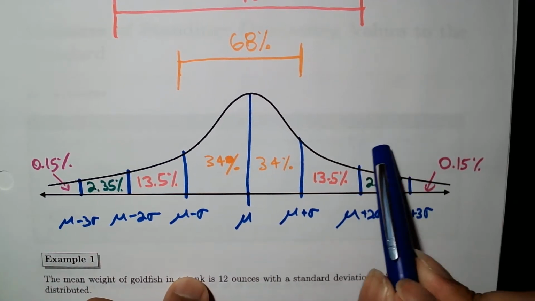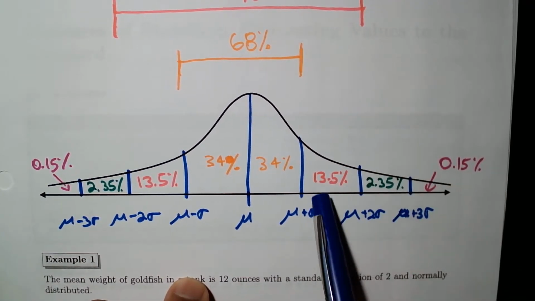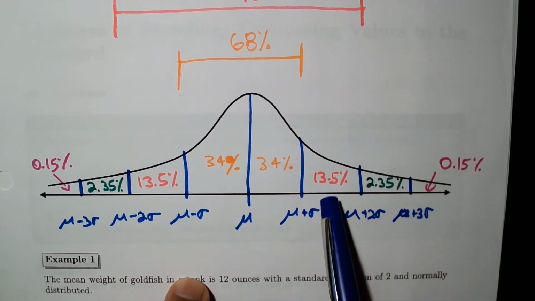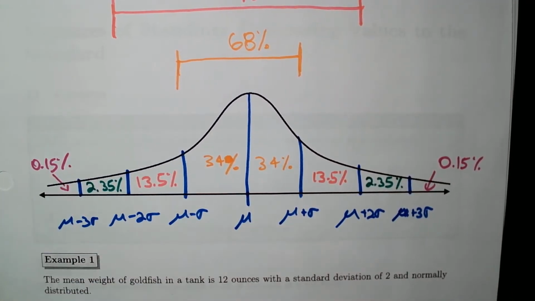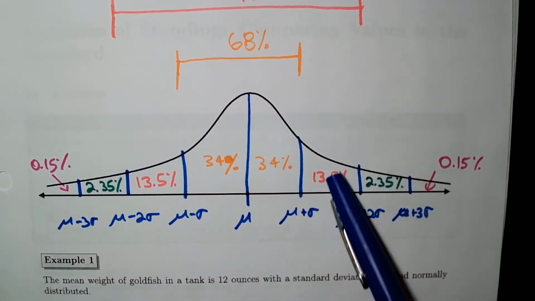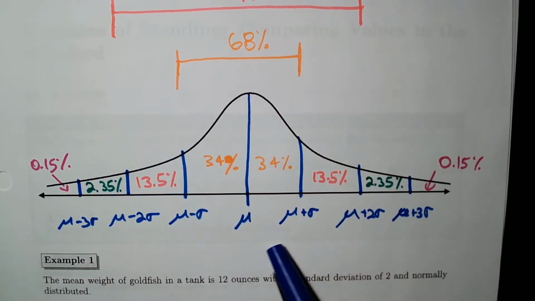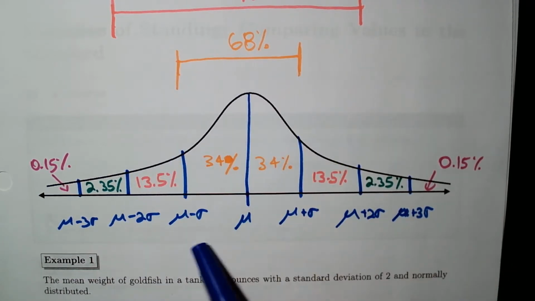On this side we have the highest scores, which typically are not too many, and on the other side the lowest scores, which are also not too many. I'm not saying it's a rule in all classes, but typically exam scores are normally distributed.